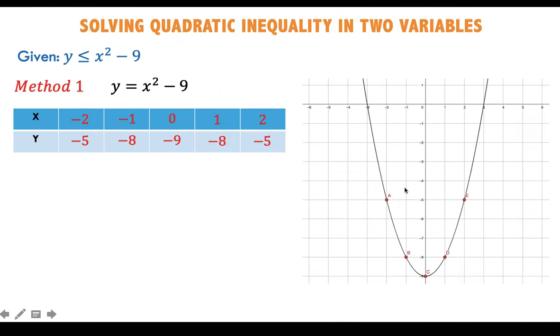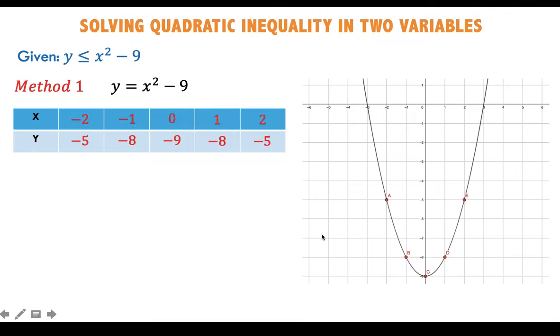Since this parabola divides our Cartesian plane into two regions, the inner region and the outer region, the question here is, which of these regions is the solution? The inner region consists of an infinite number of points.